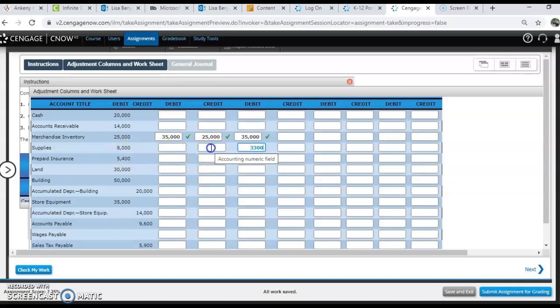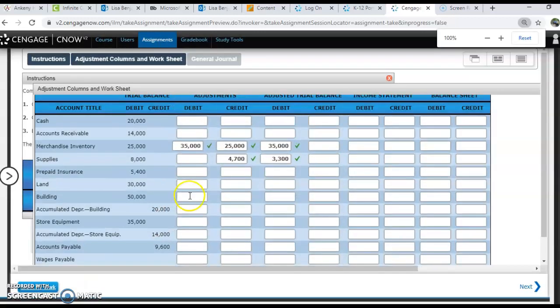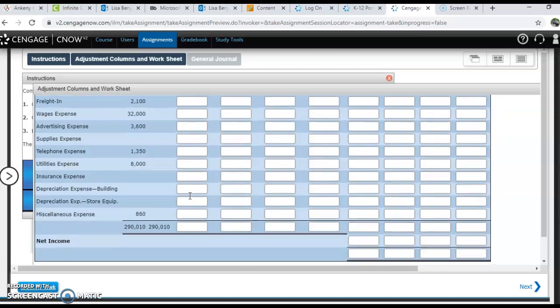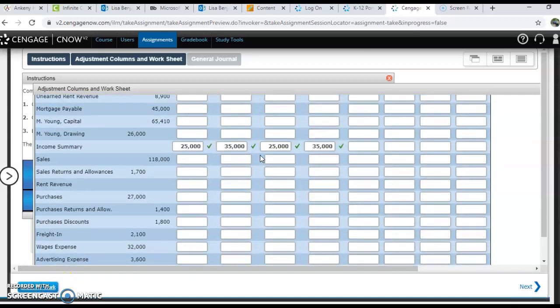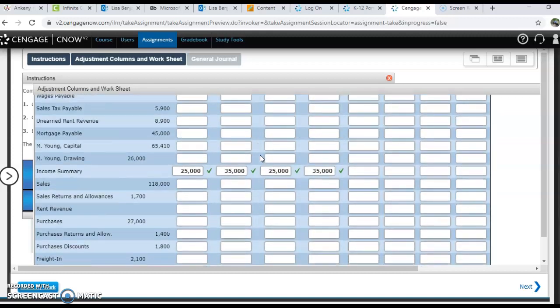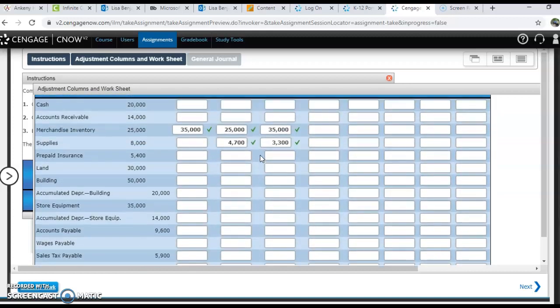So we have used up $4,700 worth of supplies, and we are going to expense that down below to supplies expense, $4,700. Remember that every adjustment has to have a debit and a credit.